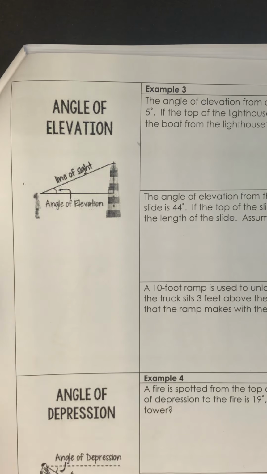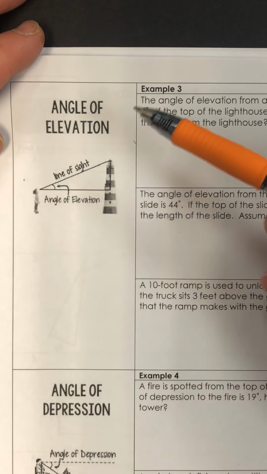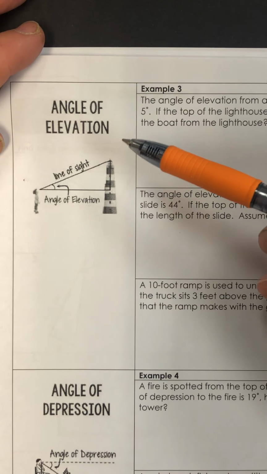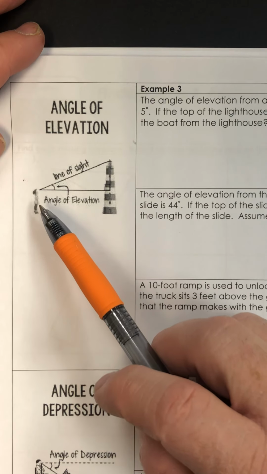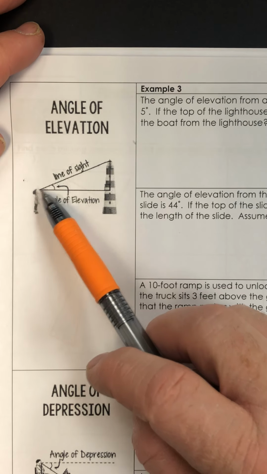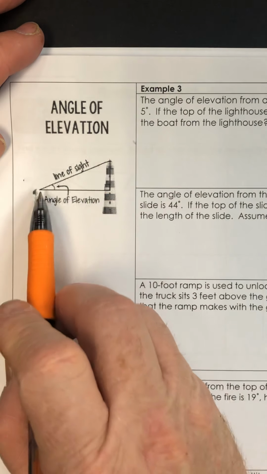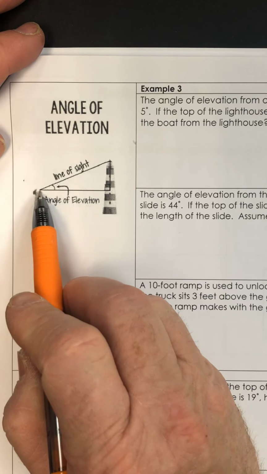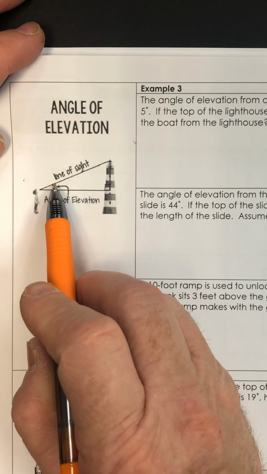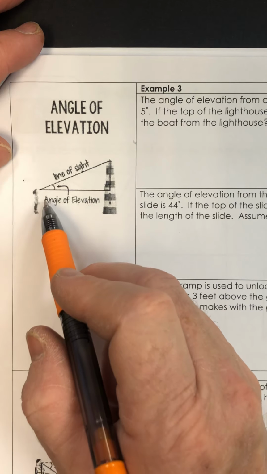All right. So a couple of terms that we need to understand. Angle of elevation. Basically, if you look at this figure, there's this kid looking up to the top of this tower. From his line of sight, which would be straight across, the angle that's formed from there looking up is called the angle of elevation. So that's from his eyes.